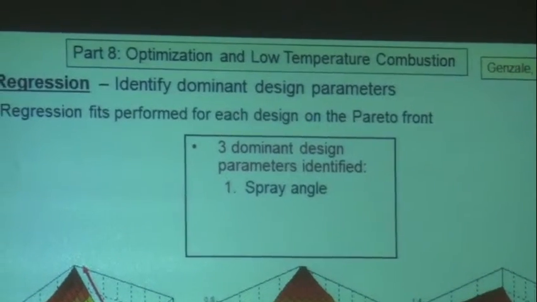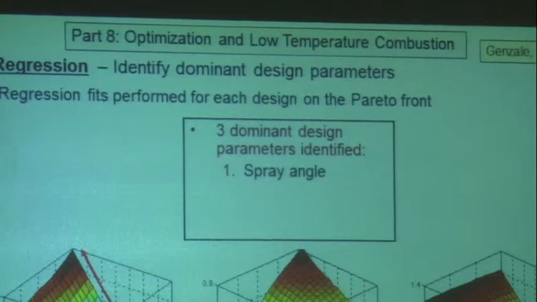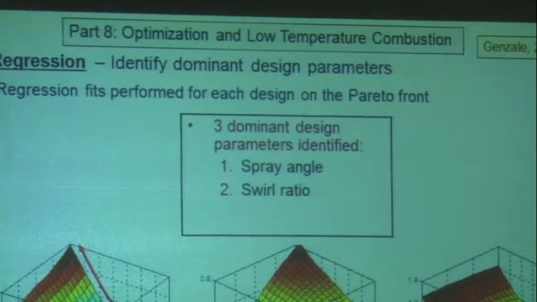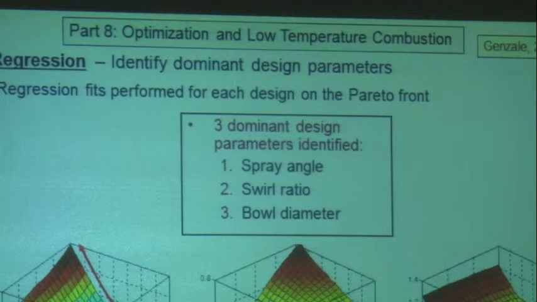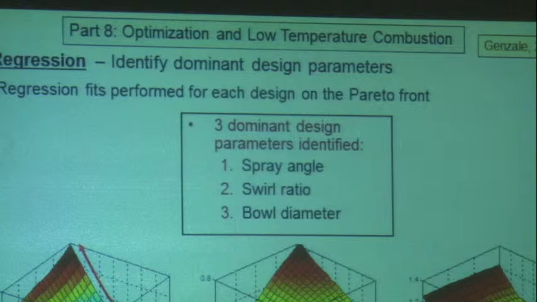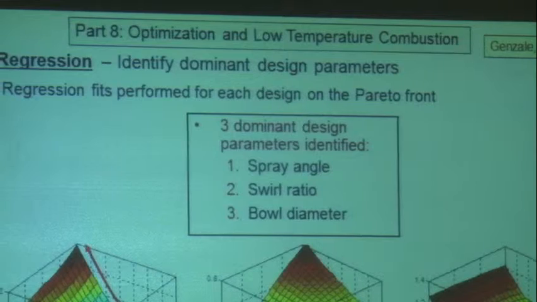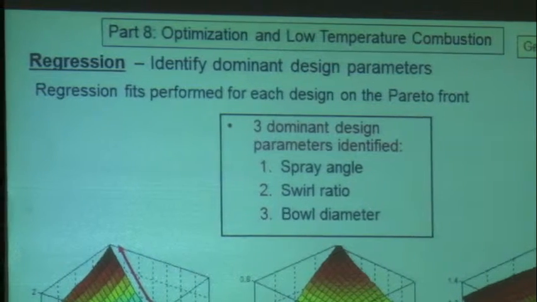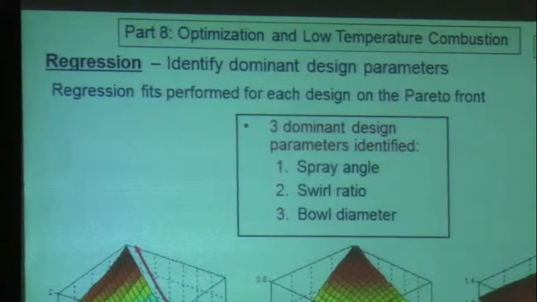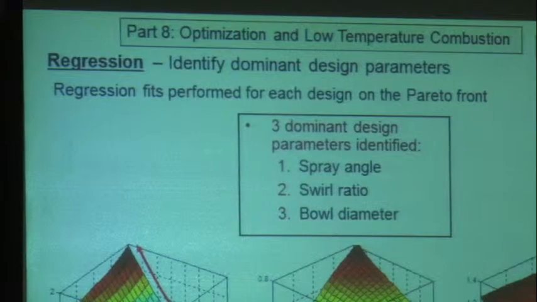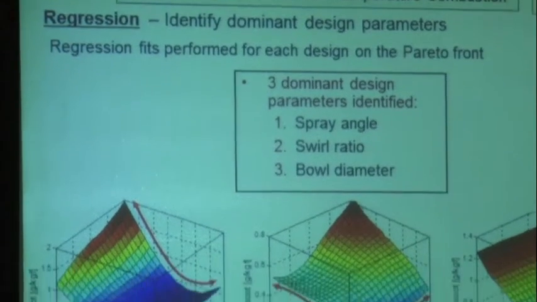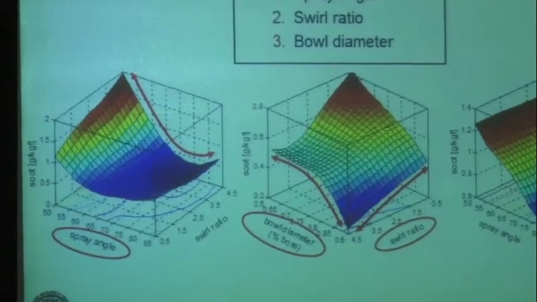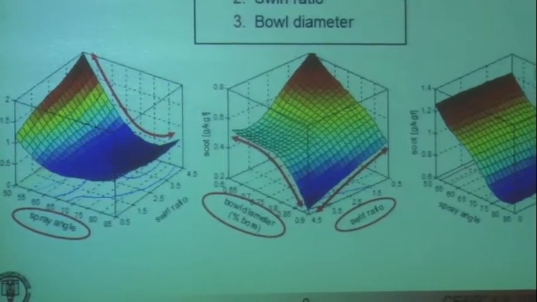Namely, the spray angle, where there's a big dependence; the swirl ratio, where there's a dependence; and the bowl diameter, in other words the size of the combustion chamber bowl. These all had, by the way, the same compression ratio. So when you have a deeper bowl, you obviously have to have a smaller diameter bowl. You notice that the results show that the pip height really plays no role whatsoever. There's no change in soot with pip height.